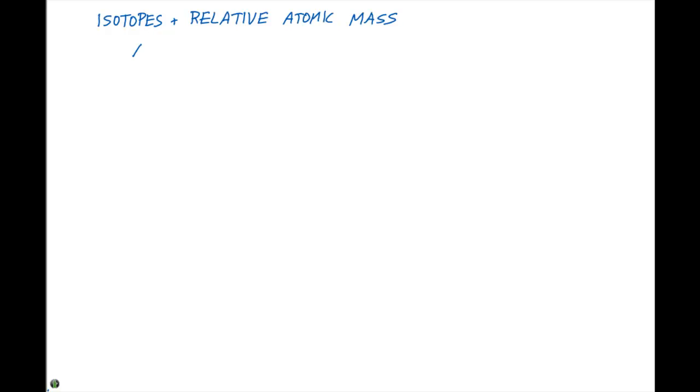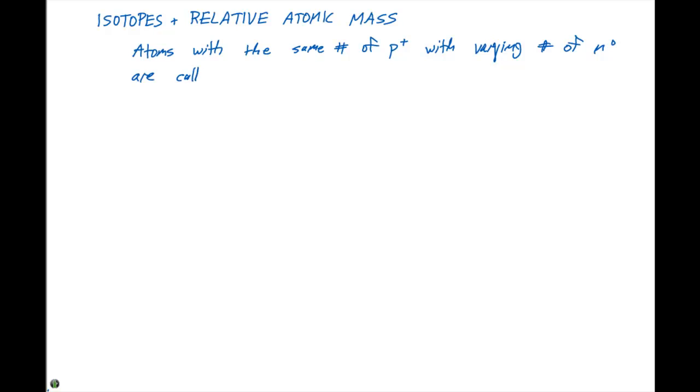So atoms with the same number of protons with varying numbers of neutrons are called isotopes.